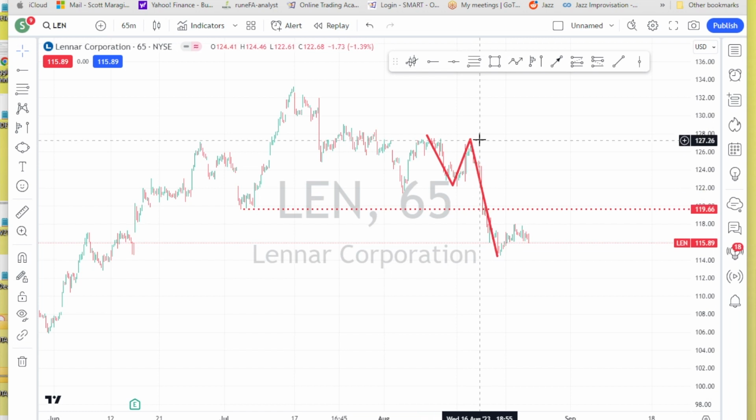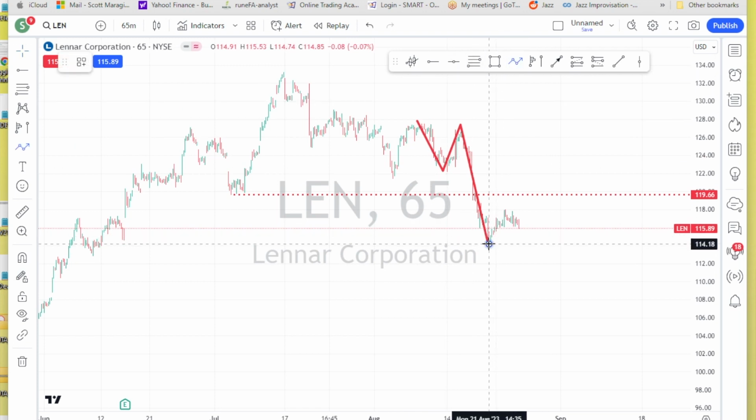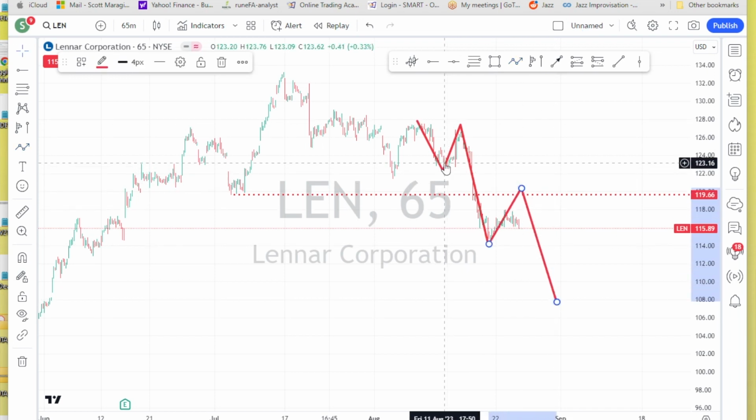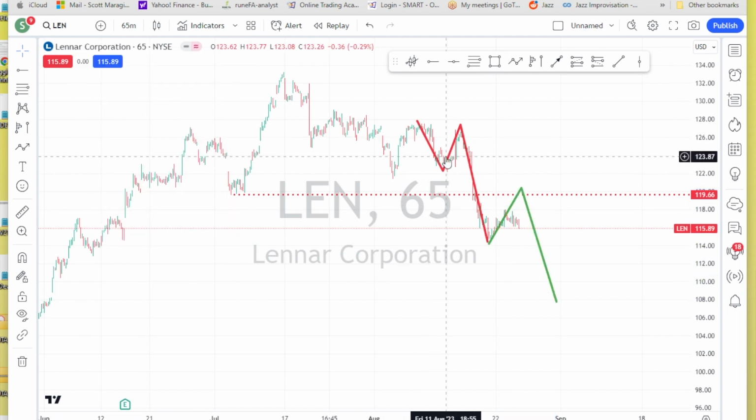If you look right here, 1, 2, 3, breaks the control swing low, so we're looking at a possible reversal right here. The anticipation is that, and I'll do this in a different color here, the structure you identified here will continue for another move.